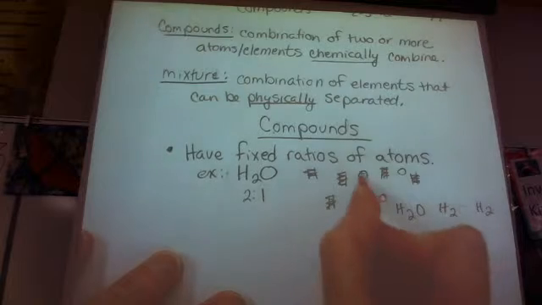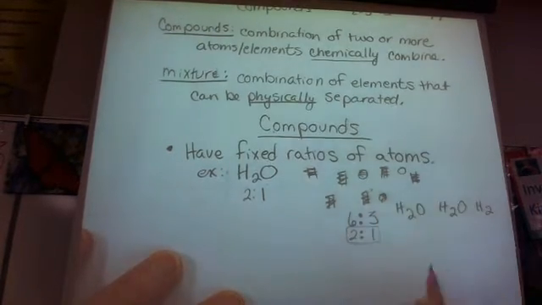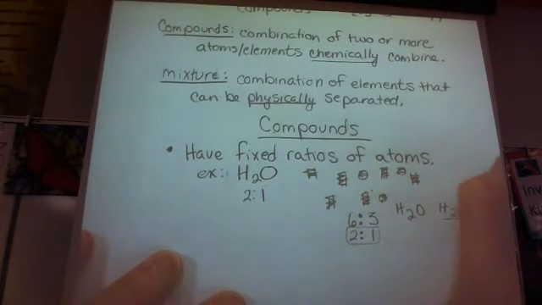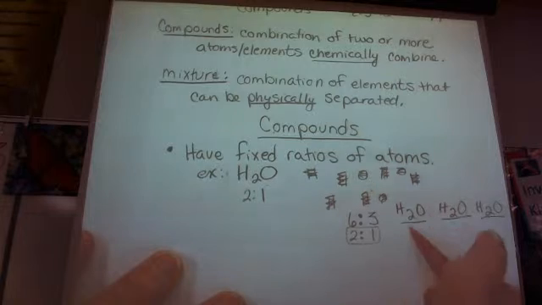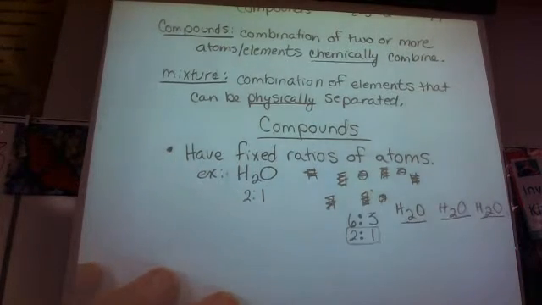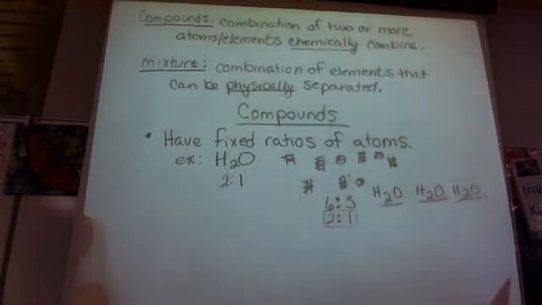So we took away 1 oxygen, put it with this one. We're going to put this oxygen over here and this last oxygen over here. You can see that we have water and that they're all the same ratios, 2 to 1, 2 to 1, 2 to 1. Okay? So that's what it means when it says there's a fixed number or a fixed ratio.